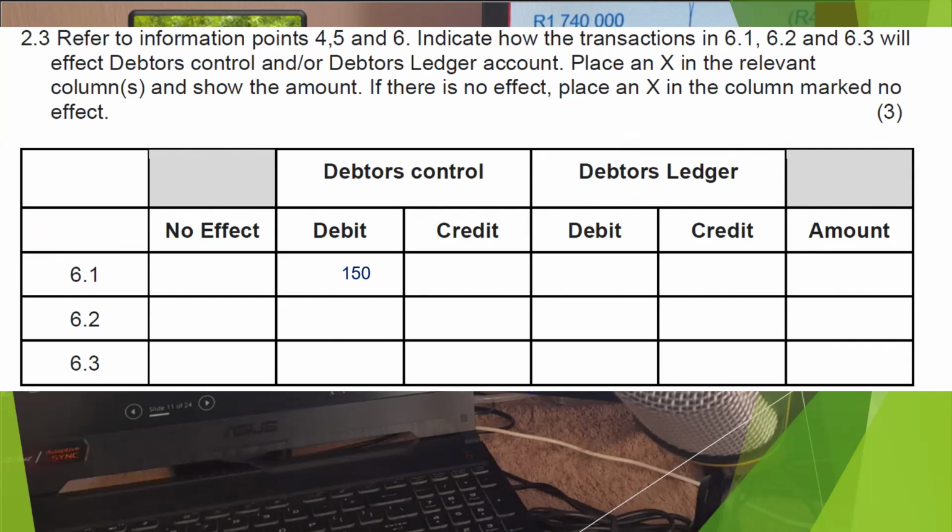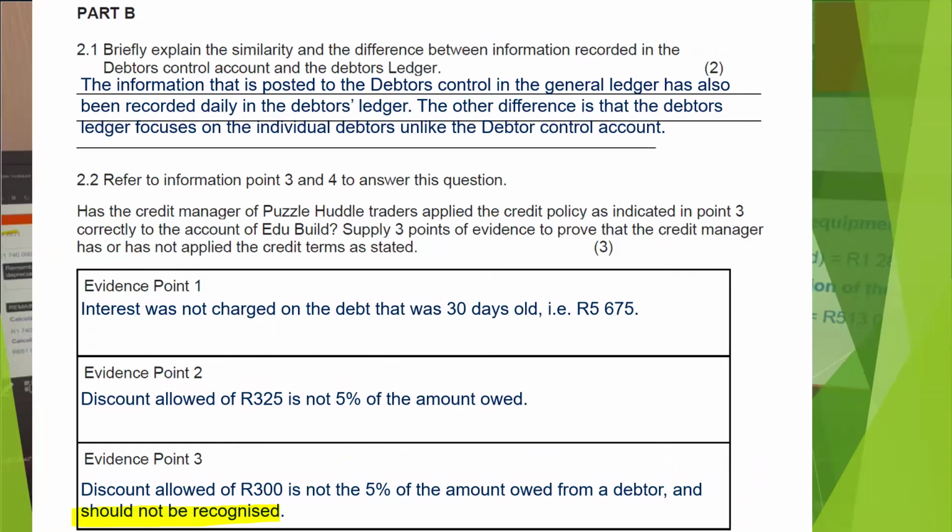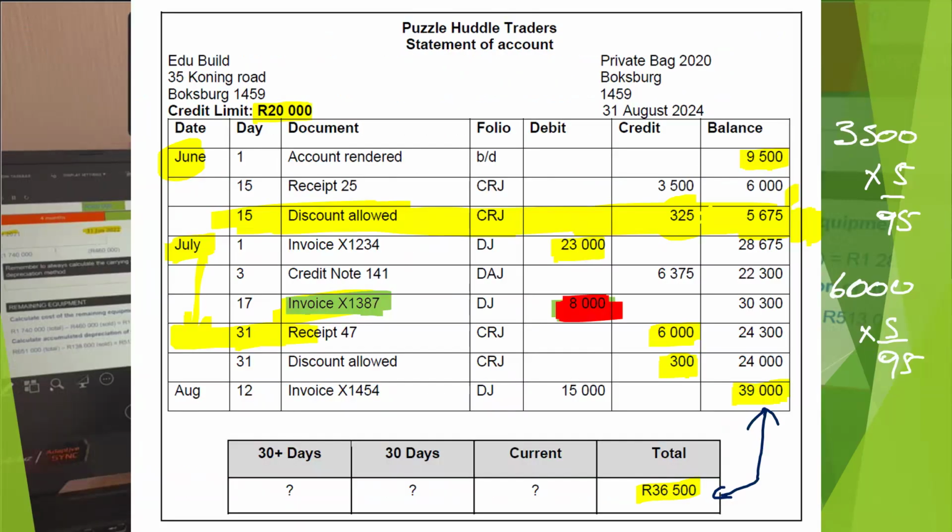I just need to check if this is correct. Now you will notice that the discount allowed was 325,000. It was supposed to have been whatever we received there. And how much was that? I think I calculated it earlier on.